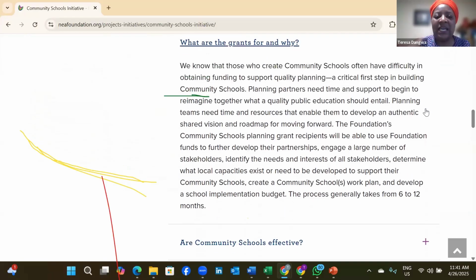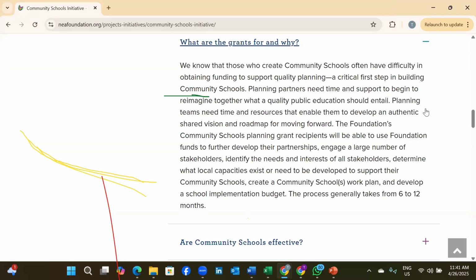It says, we know that those who create community schools often have difficulty obtaining funding to support quality planning, a critical first step in building community schools. Planning partners need time and support to begin to reimagine together what a quality public education should entail. Planning teams need time and resources that enable them to develop an authentic shared vision and roadmap for moving forward.